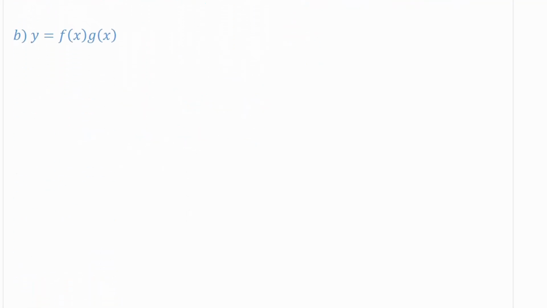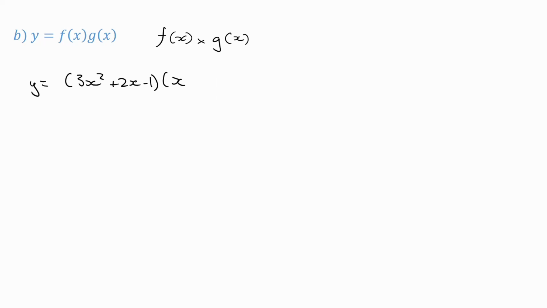Next one we're going to look at is what if we had y equals f(x)g(x). When you have something like this, what it's really telling you is f(x) times g(x). Again, I'm going to write them out. So we have y equals our 3x squared plus 2x minus 1, and then our other function, g(x), which is x squared minus x plus 5.